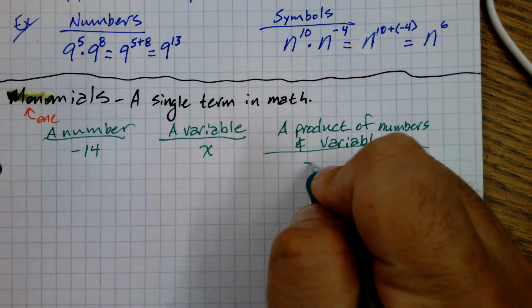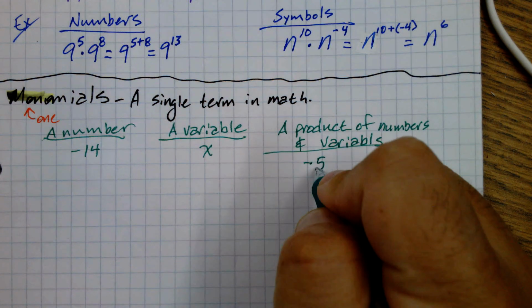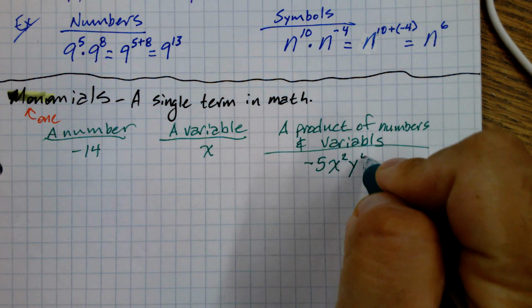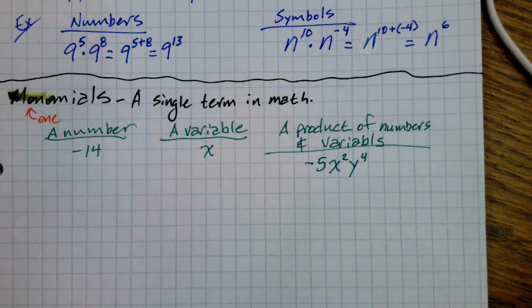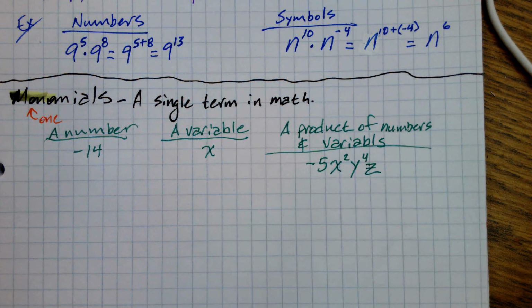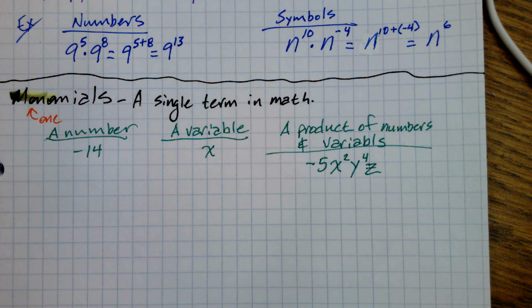I could have negative 5 x squared y to the 4th power. Should I throw a z in? Yeah, throw it in. Z. Product means what, guys, in math? Yes, it means to multiply.